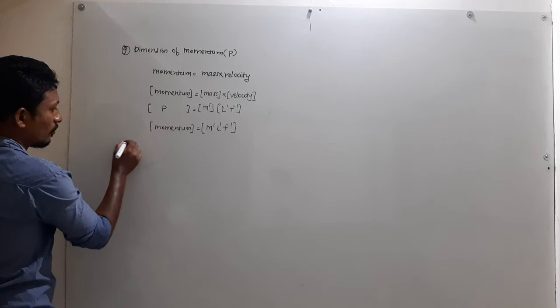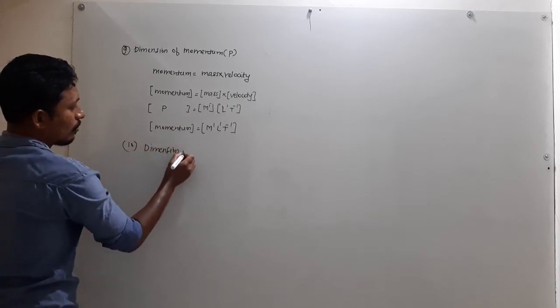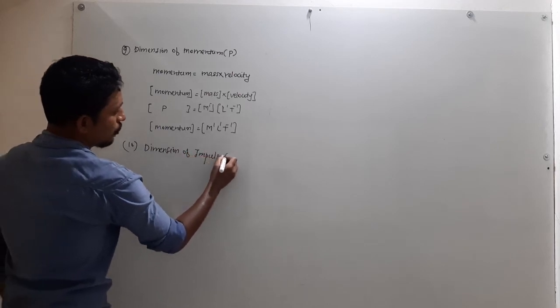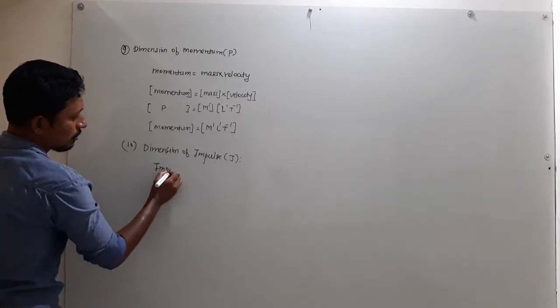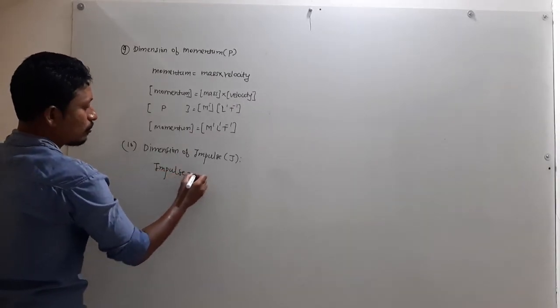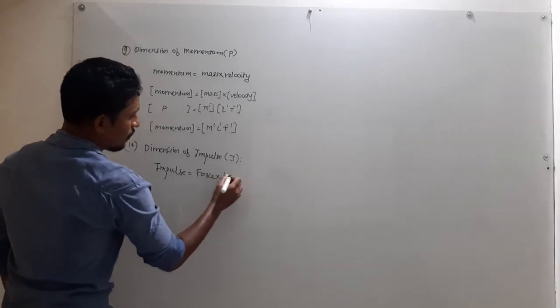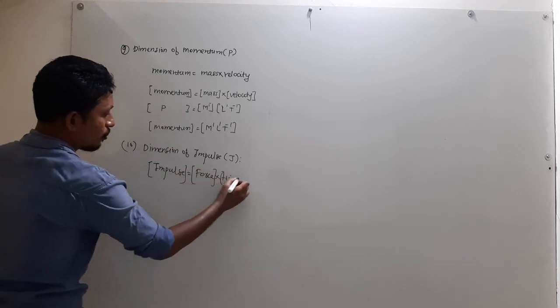Next, dimension of impulse, that is J. What is the formula of impulse? Impulse is equal to force into time. That is, dimension of impulse is equal to dimension of force into dimension of time.